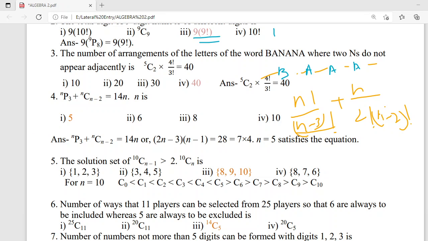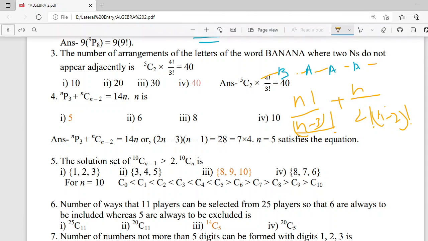So n is equal to 5, and your answer is n equal to 5.